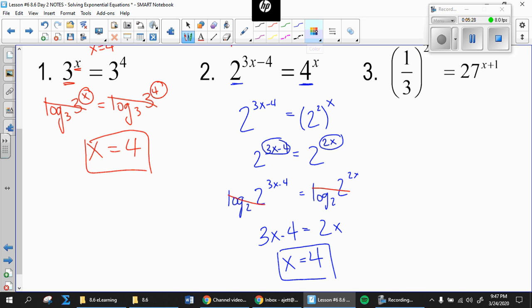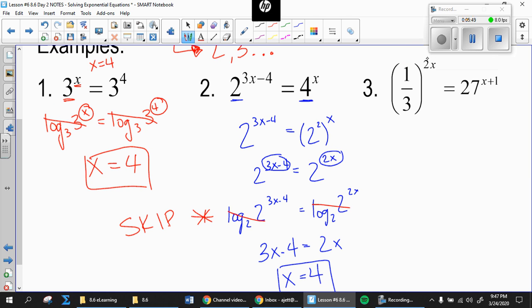But really this step right here is going to give us the same thing every single time. It's going to go from here to here. And so these bases are going to cancel, and it's going to leave us with the exponents. So really, I'm going to continue to write this step, but you can kind of skip this step.